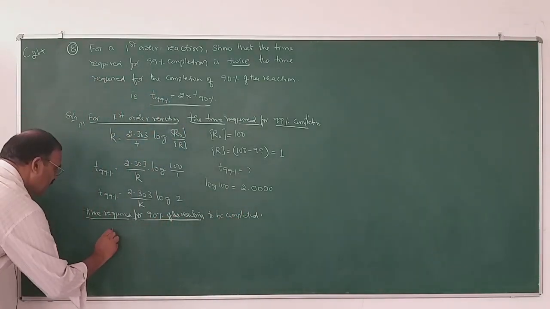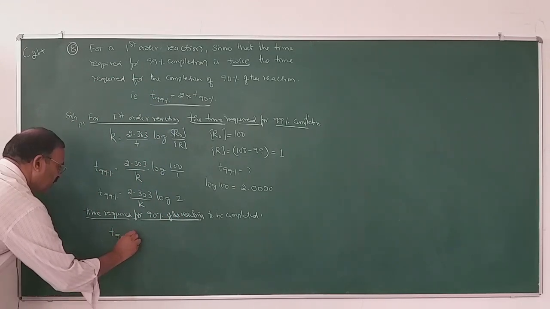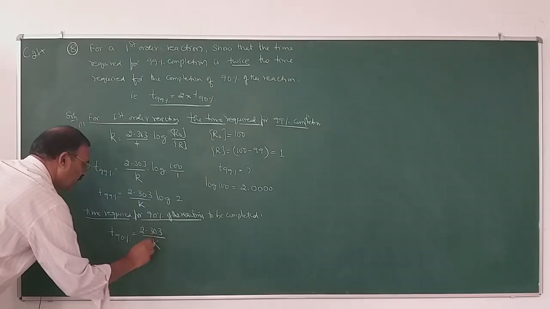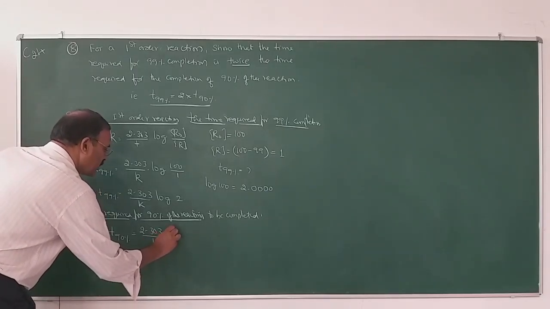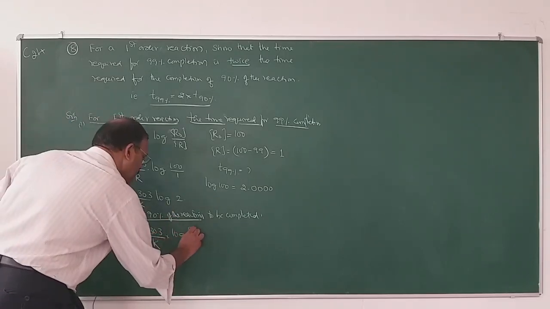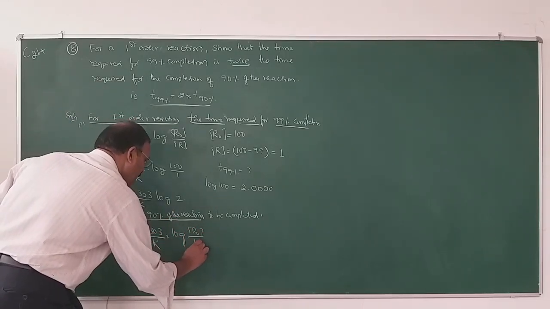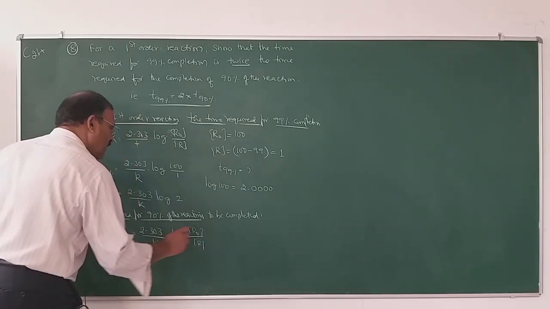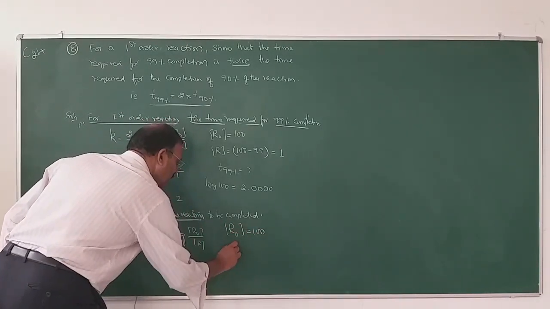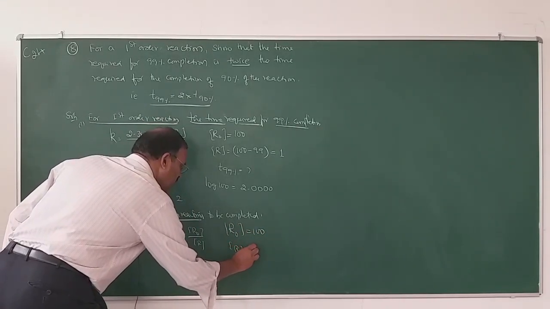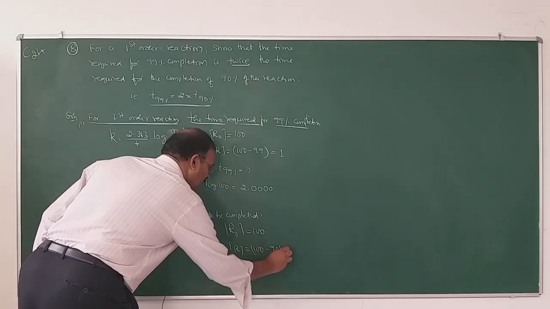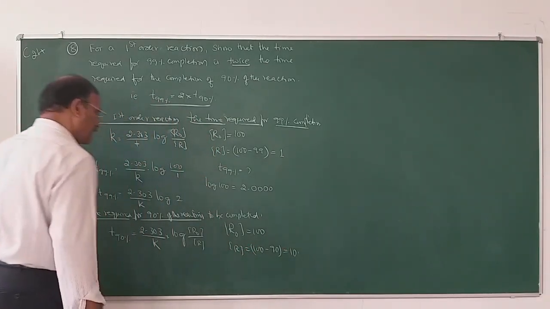So that is T 90% equals 2.303 divided by K into log of R naught divided by R. So here R naught equals 100, and R equals 100 minus 90, that is equal to 10.